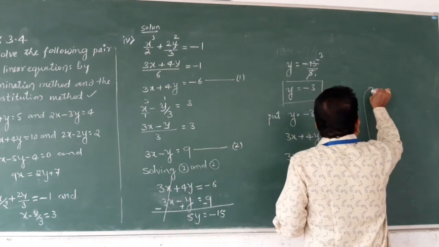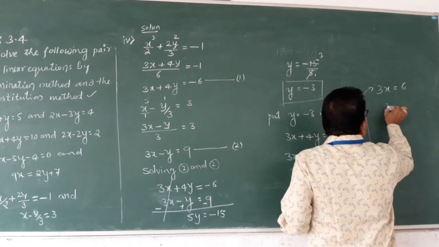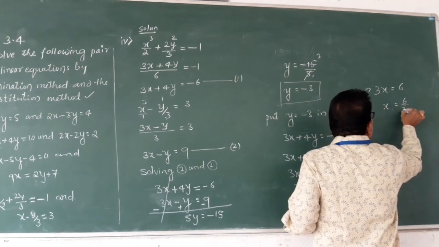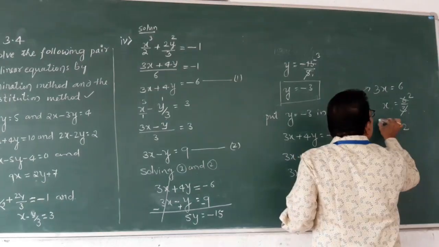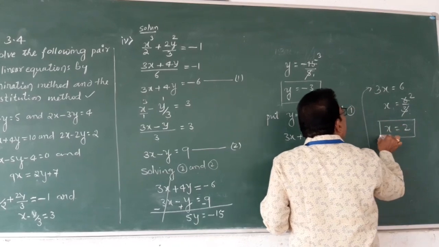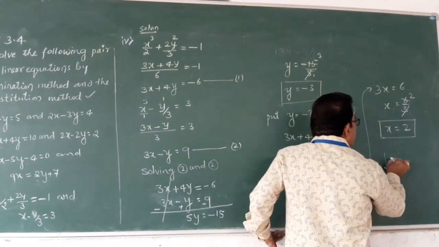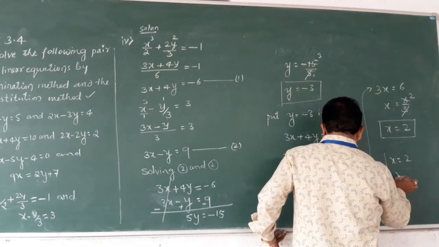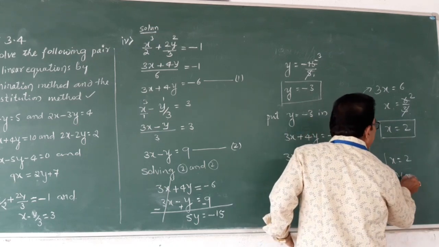So 3x equals 6, x equals 6 by 3, x equals 2. Now the solution set: x equals 2, y equals minus 3.